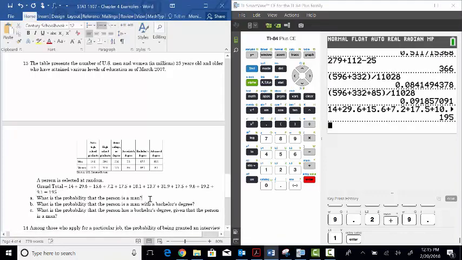Alright, so the probability that the person was a man is going to be the total number of men, which again I have to add up.